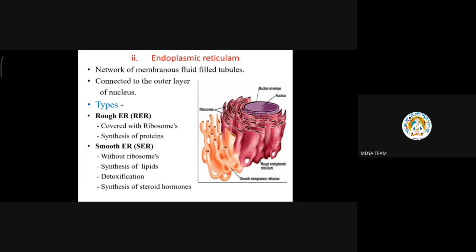But smooth endoplasmic reticulum does not contain ribosomes. It is smooth and it synthesizes lipids. Its functions are more than rough endoplasmic reticulum. What are those? Detoxification. What do you mean by detoxification? Can anyone answer me?